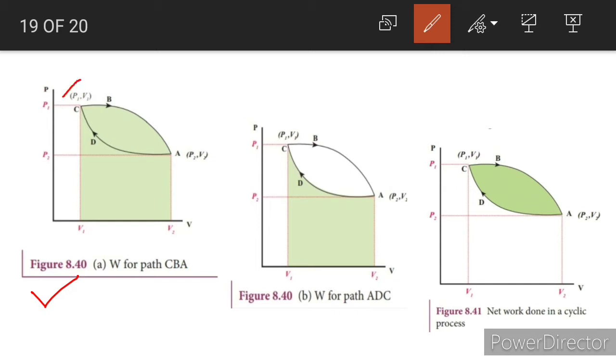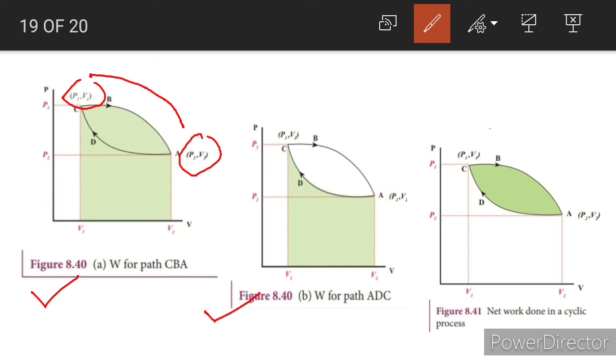Here this is P1 V1 and this is P2 V2. W1 is equal to the area under the curve CBA as shown in the figure.